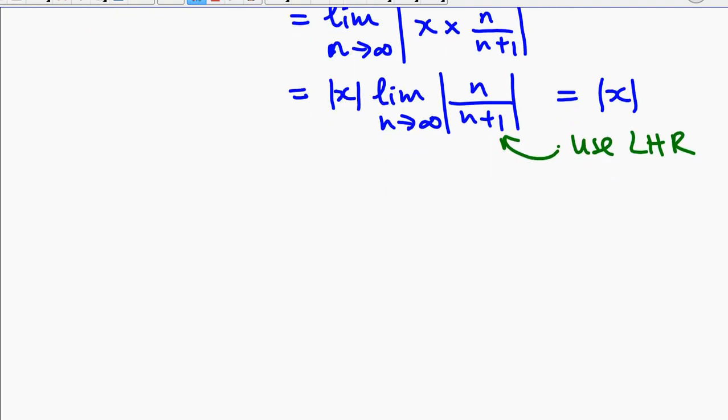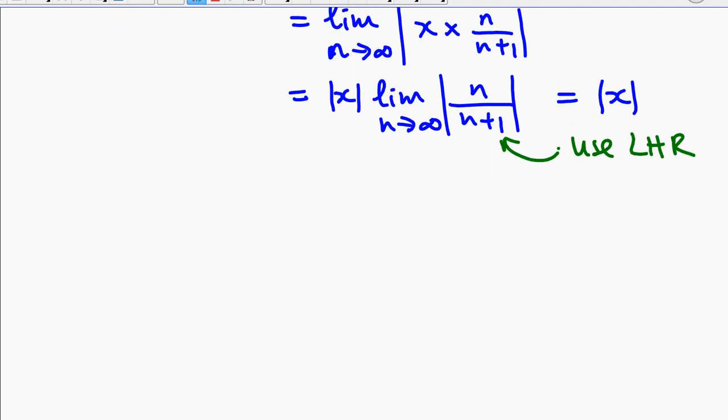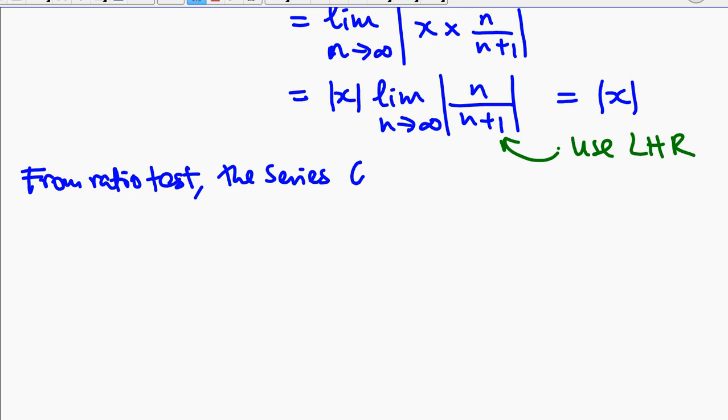So you're going to write this down and say, we know that it converges if whatever we ended up with, which is absolute value of x, is less than 1.